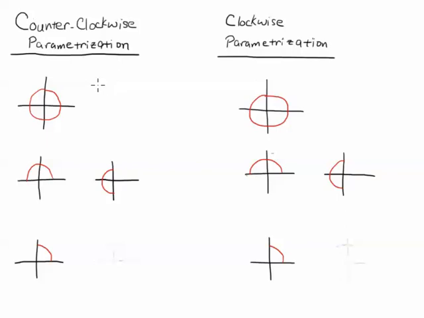Hello students. In this video we're going to develop the parameterizations around the circle, and I'm going to do it in two parts, counterclockwise and clockwise. So first up, let's do a counterclockwise parameterization.